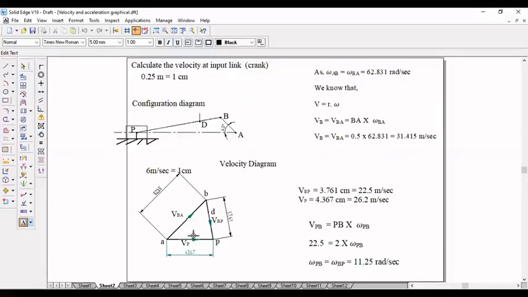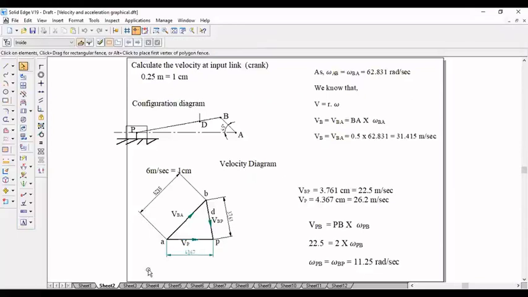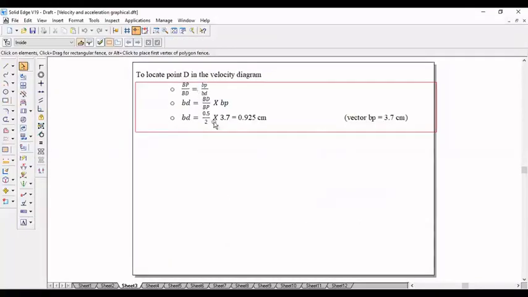Now what I'll do, I'll just take the ratio between the BP and BD in the configuration diagram, and the corresponding ratio, that is BP divided by BD in the velocity line. If I equate that, I'll get this BD distance in the velocity line. Look at this.